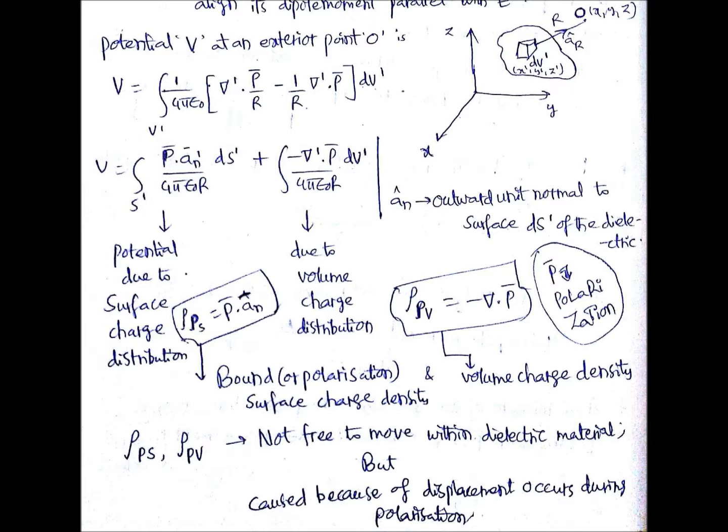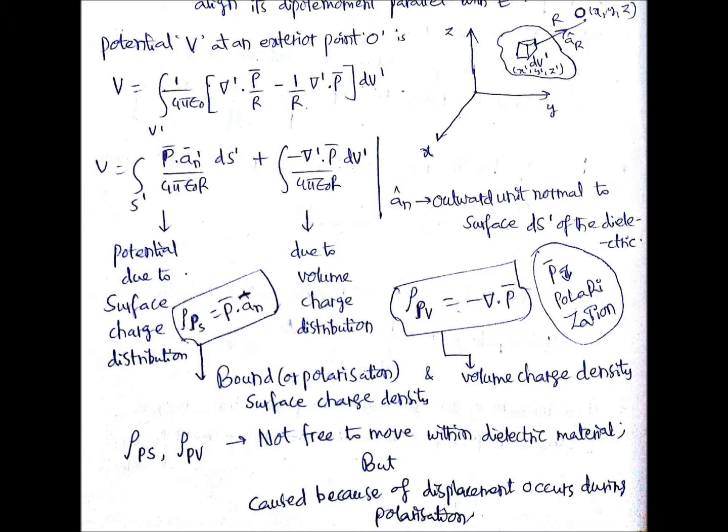That means in case of surface charge distribution, from that formula you can get this rho s, and from the second term you can get rho v equals minus divergence of p bar. So these are two important terms. You all know here p bar is polarization. Remember, that is not dipole moment; I am saying it as polarization.